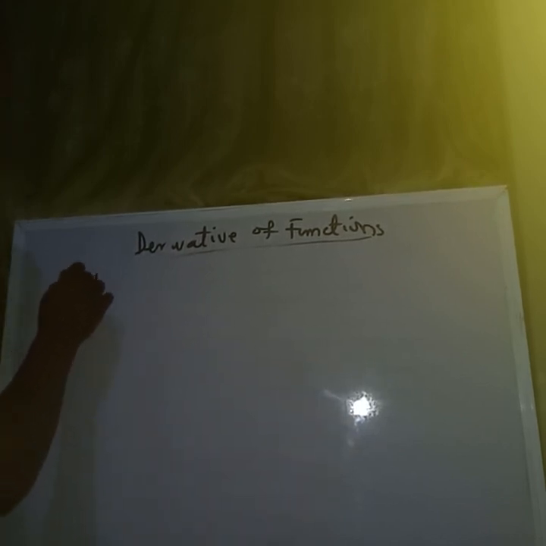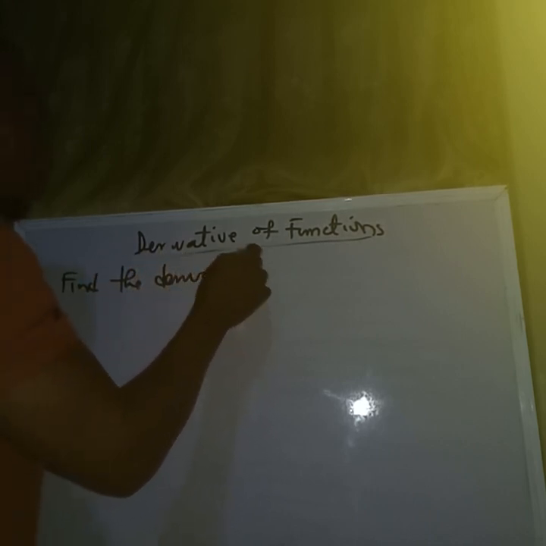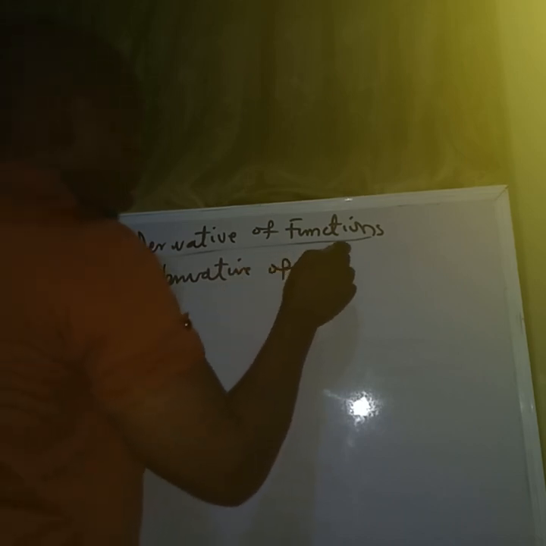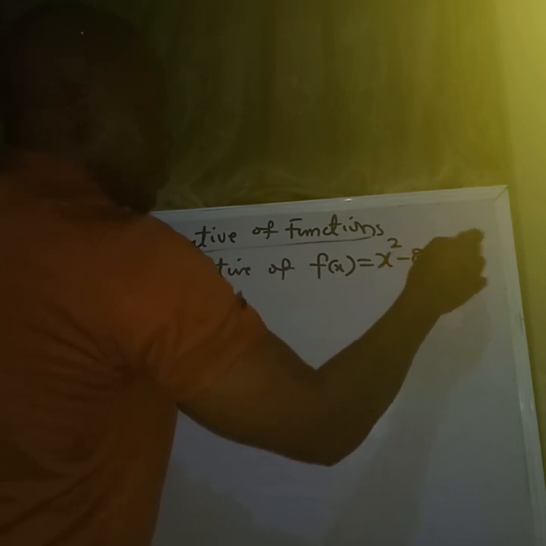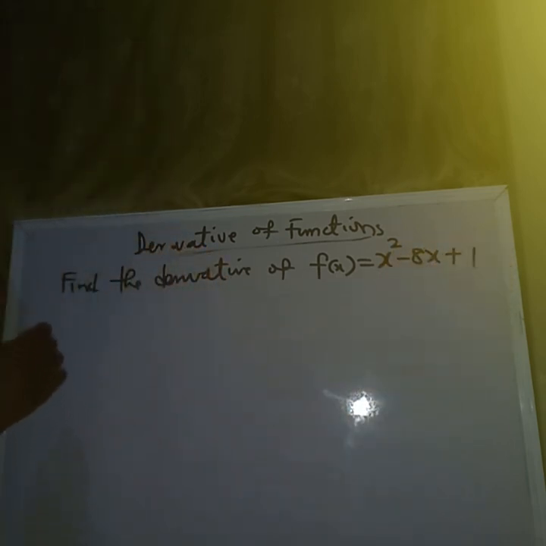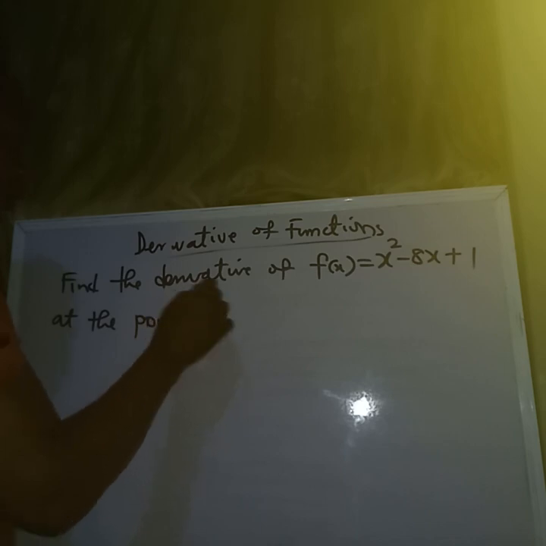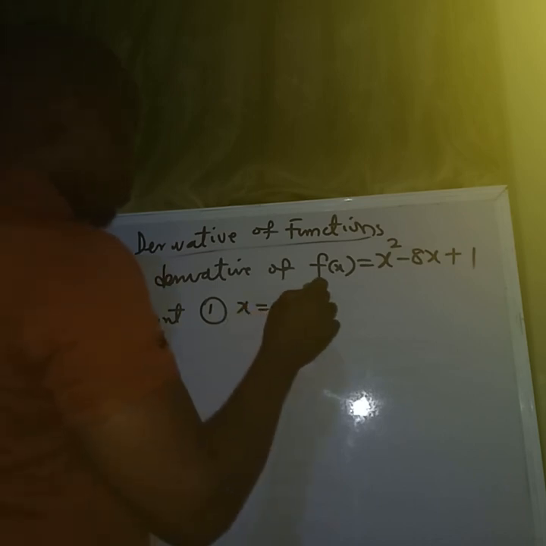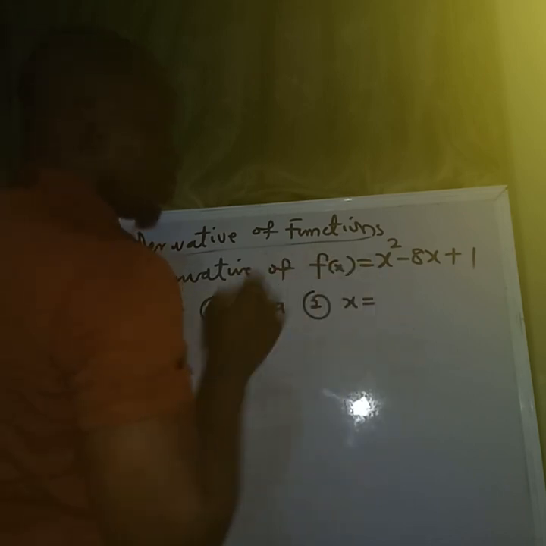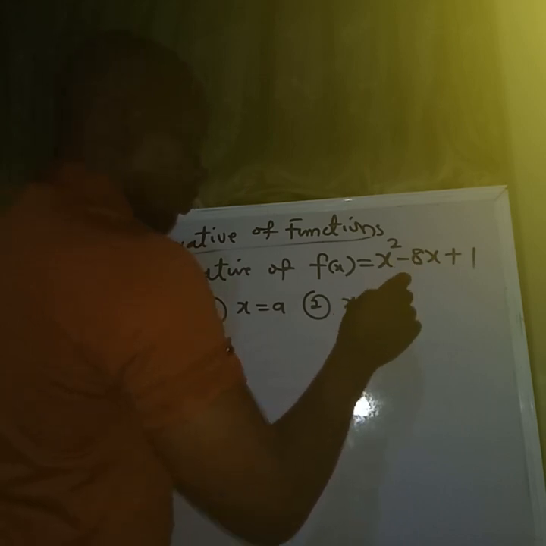Find the derivative of f of x equal to x squared minus 8x plus 1, at the point, let's say, 1, x equal to a, and 2, x equal to 1.